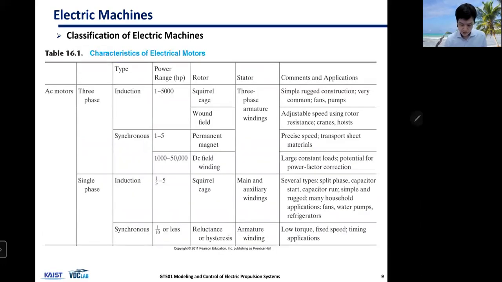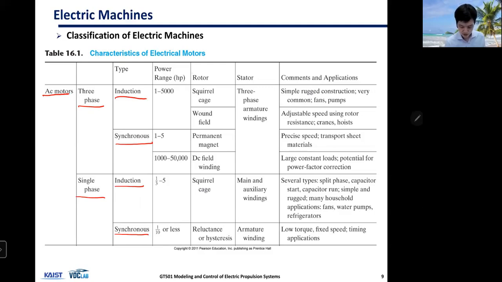This table shows a quick review of the characteristics of different types of electric motors. Starting with AC motors, there's 3-phase and single phase, and induction and synchronous.